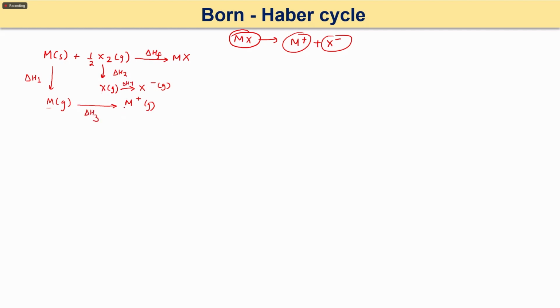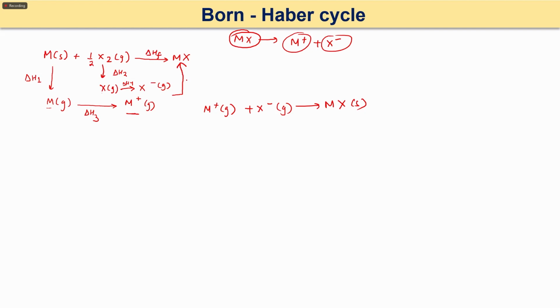Now what will happen? You have M plus in gaseous state and X minus in gaseous state. So what will happen? They will react together and form MX. Okay. So if they react together, they will form this.